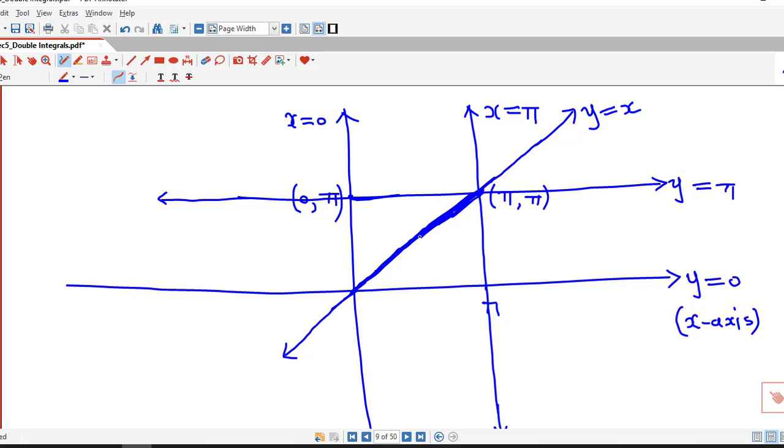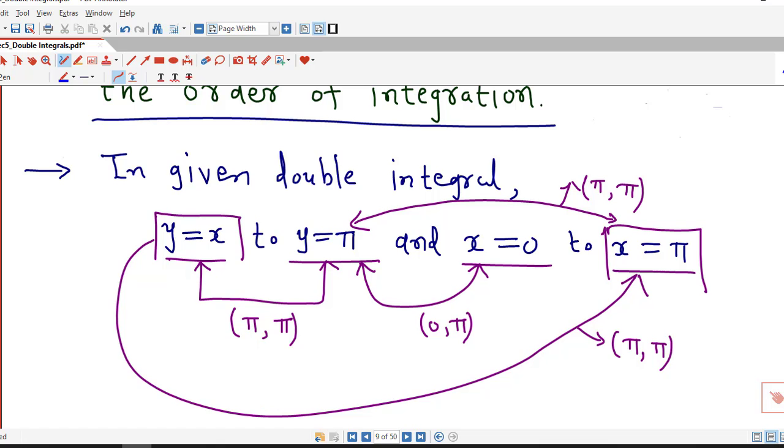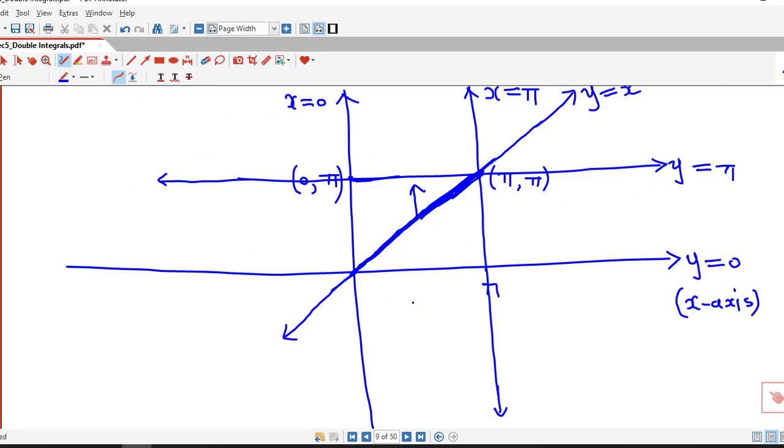So y is increasing from y equal to x to y equal to pi, and limits of x are from x equal to 0 to x equal to pi. So this is the boundary of x equal to 0 and this line is x equal to pi.